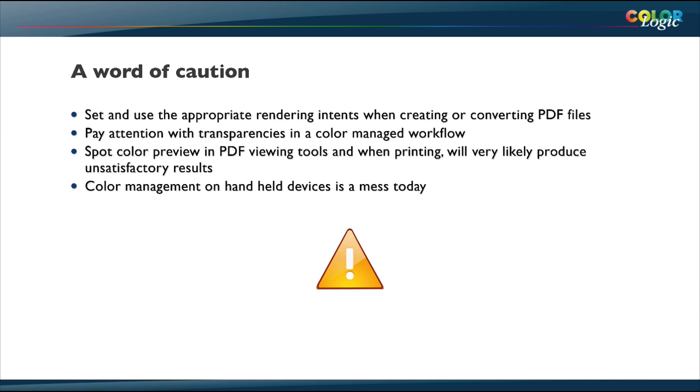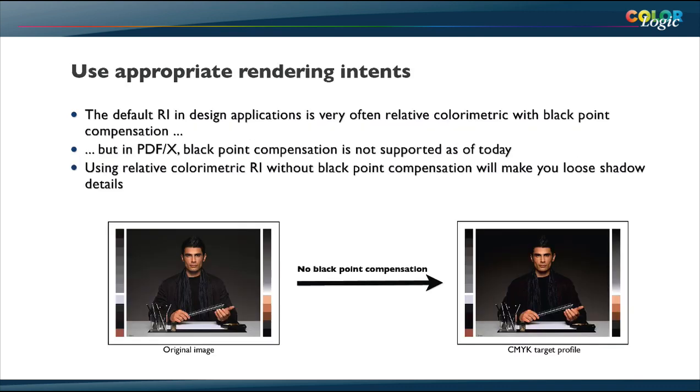We talked about black point compensation and relative colorimetric rendering. So what happens here, you can even see it here. When you create your PDF documents, you put a profile into your image, and that's all fine. You typically assign that profile to your image.